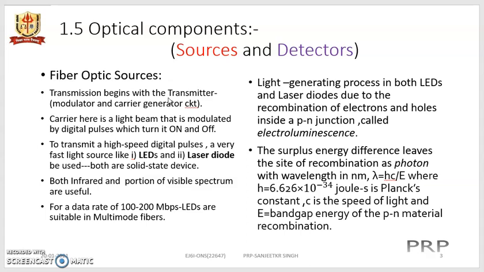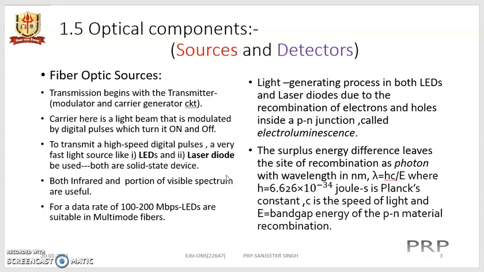But here the carrier is light beam that is modulated by the digital pulses which turn the light source on and off. To transmit high speed digital pulses, a very fast light source like the LEDs and laser diodes will be used.